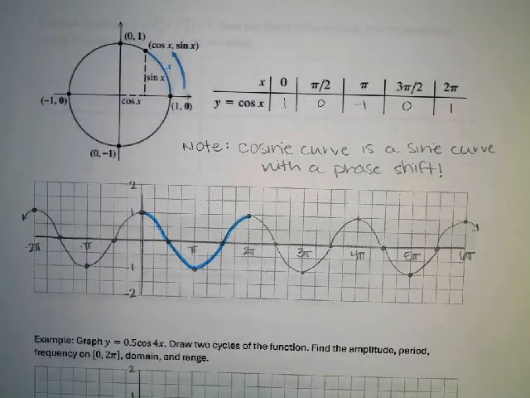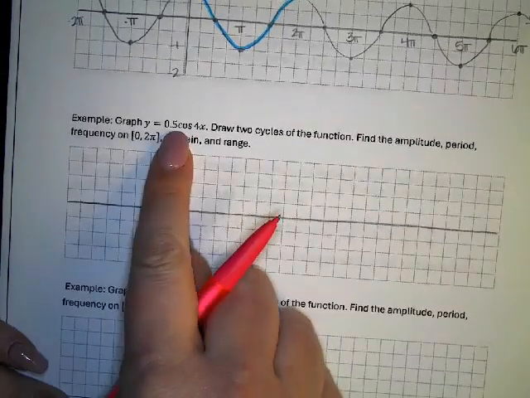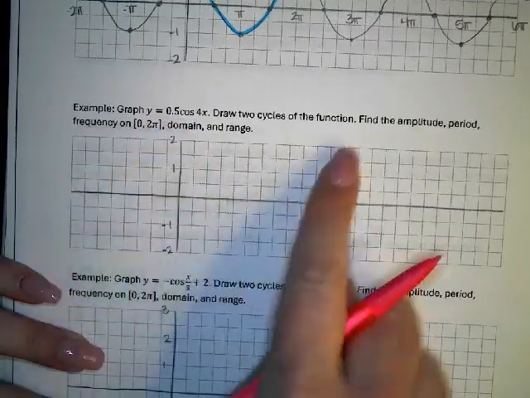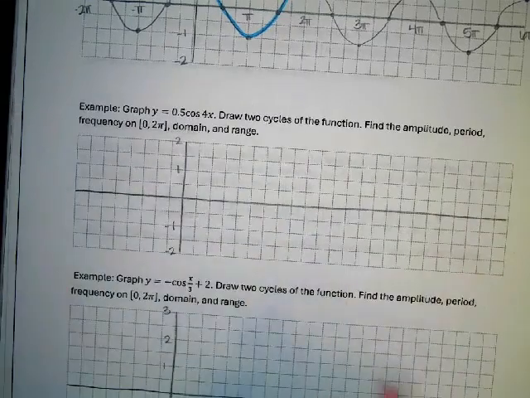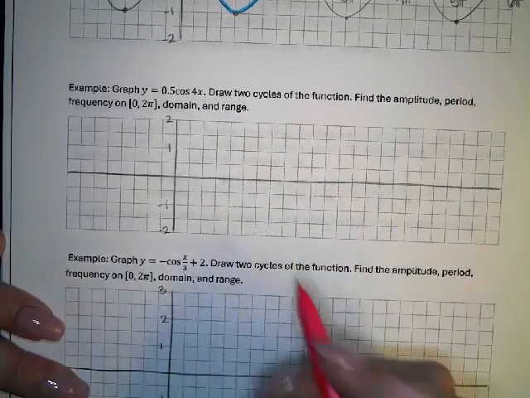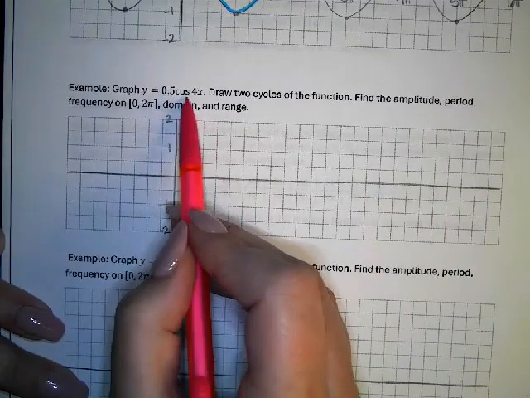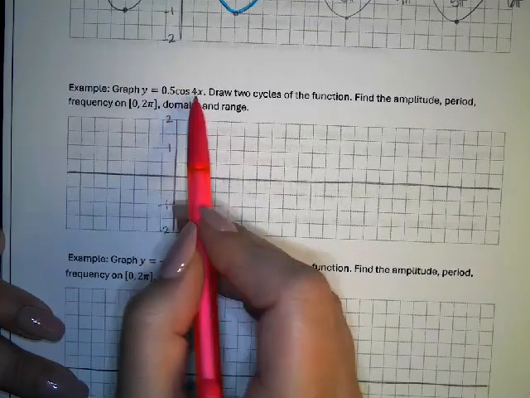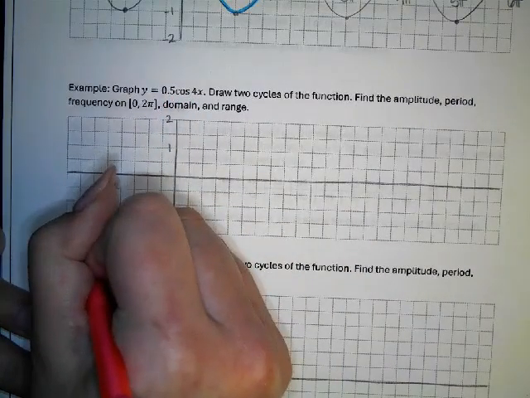All right, so let's go ahead and look at some cos graphs and draw a couple cycles, and we'll find all the same information. So this will be a little bit easier now that we've already worked with the sine curves. So this says 0.5 times cos of 4x. So the amplitude is 0.5.